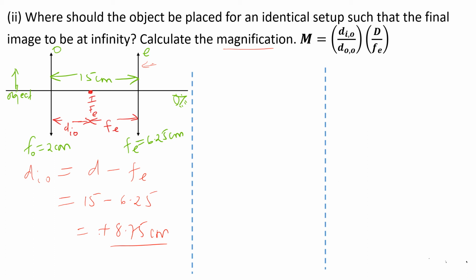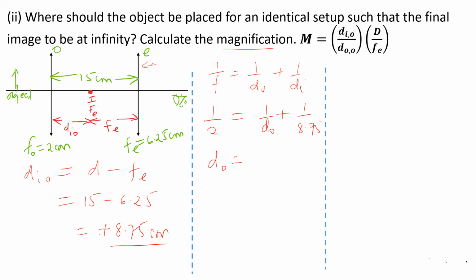So now we can use this distance to get the object distance for the first object of the system. Using the lens equation, 1 over f equals 1 over d object plus 1 over d image. So now we are dealing with the objective lens system, which is going to be 1 over 2 equal to 1 over d object, which we are looking for, plus 1 over 8.75.